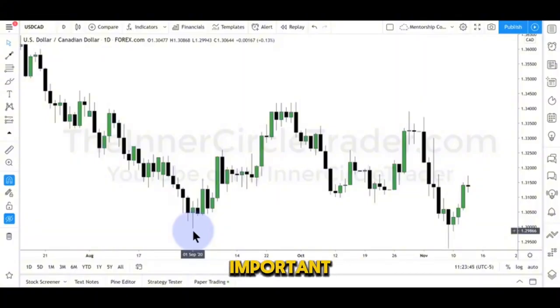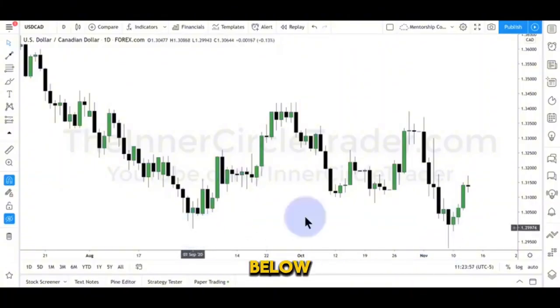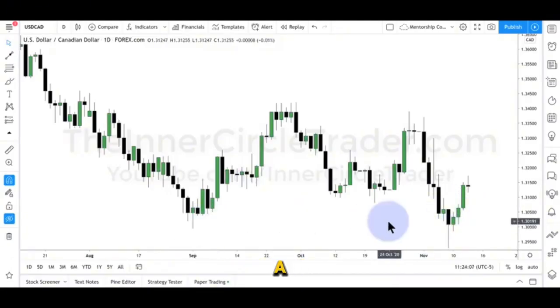Okay, so it's important that you know that this liquidity idea I'm teaching you here is just part of the framework. But we can see eventually on the 9th of November, price trades down and goes below that low. This is an important event. When this day runs below this low, it's a crucial event algorithmically, because what it's doing is it's going into a pool of liquidity.